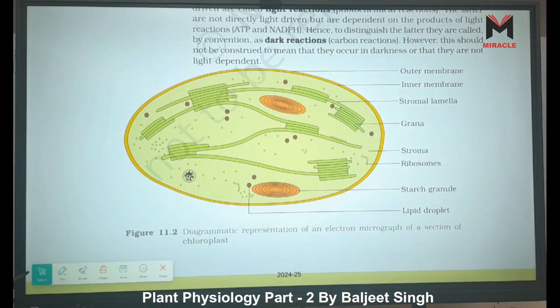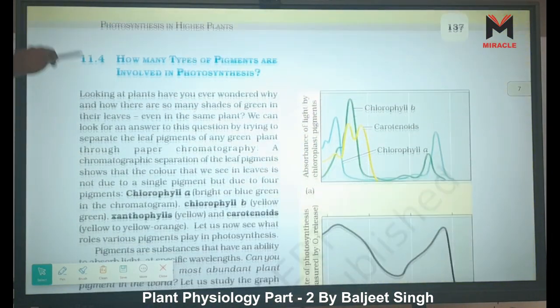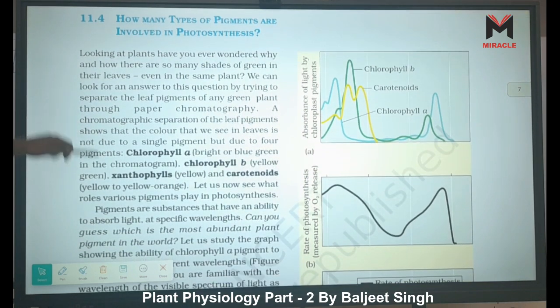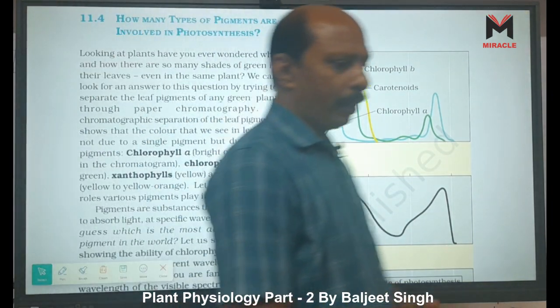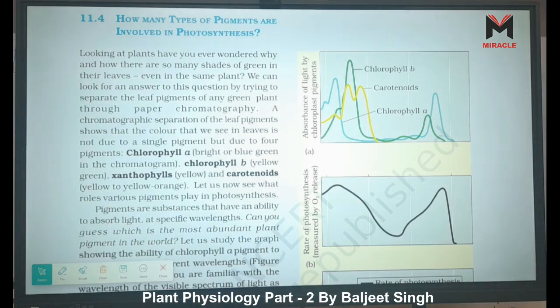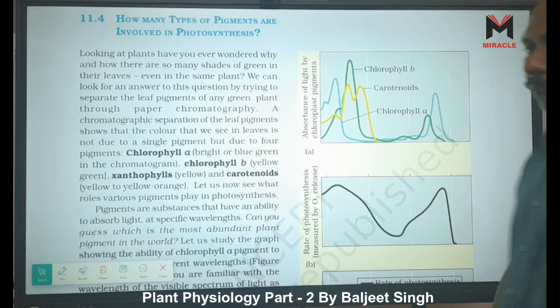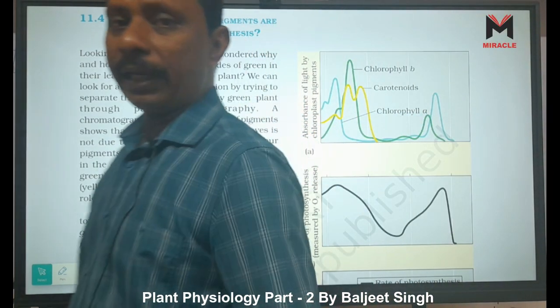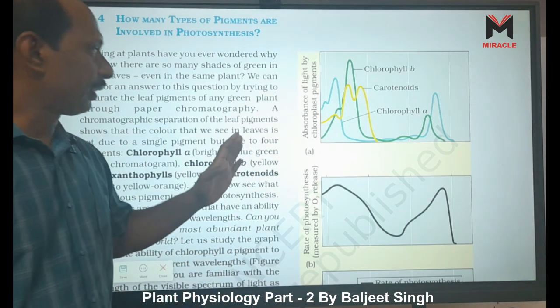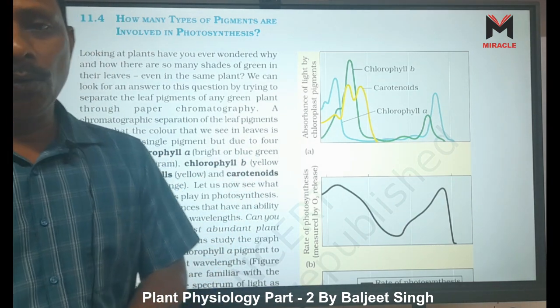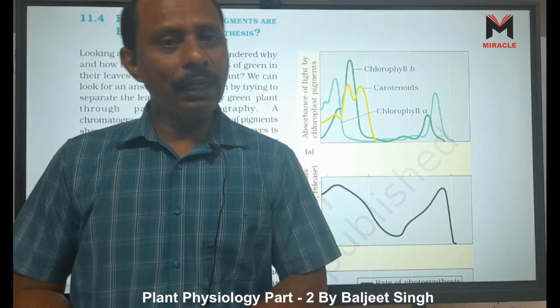Now come to the next point: how many types of pigments are involved in photosynthesis? Because here we are going to read about angiosperms only, that is higher plants. We have 4 types of pigments, as given in our NCERT: chlorophyll A, chlorophyll B, xanthophyll and carotenoids.